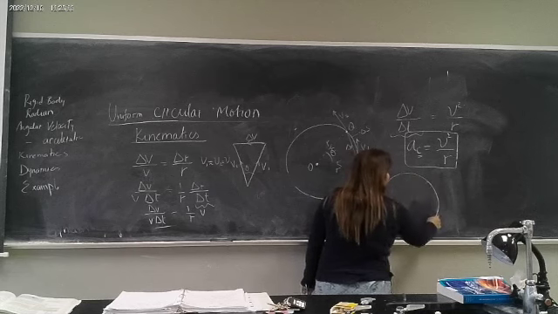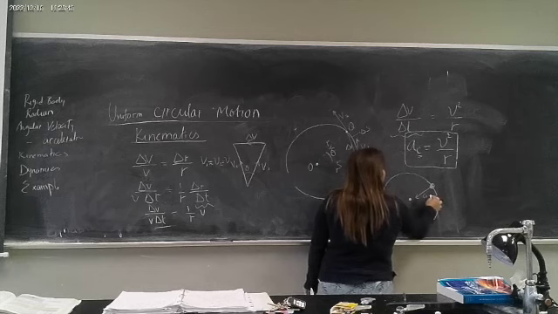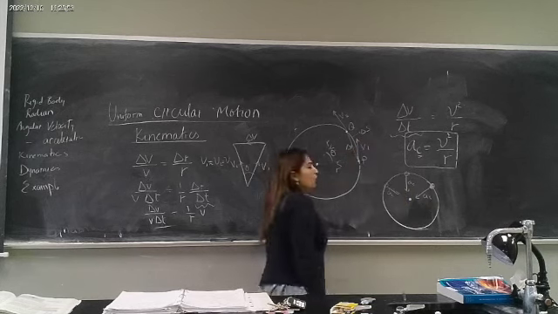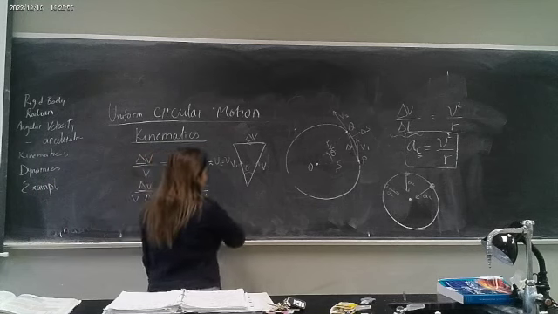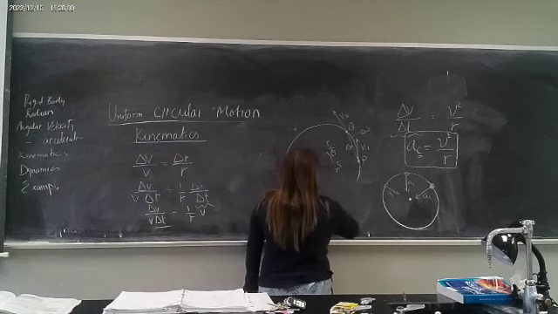So if I draw a picture of an object going in a circular path around a point or a fixed axis of rotation, it's always going to be under acceleration, which is keeping it at the center. Now, where does this acceleration come from? That answer lies in the dynamics of this problem.